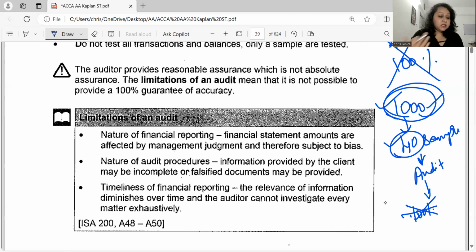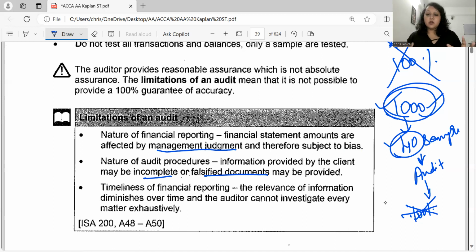Other limitations could exist because of the nature of financial reporting. There could be some management judgments, and those judgments could be subject to some bias. We are not actually preparing the financial statements; they are prepared by the management. So there could be incomplete or falsified documents provided by the client.